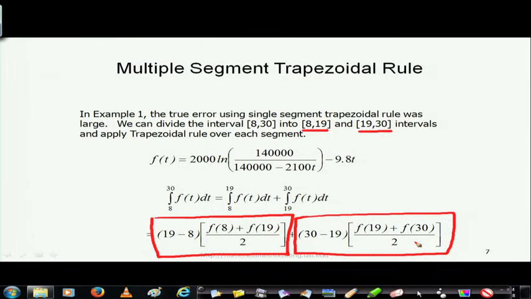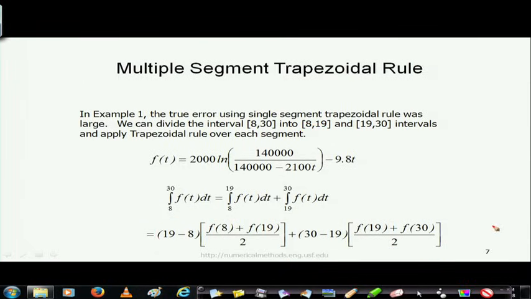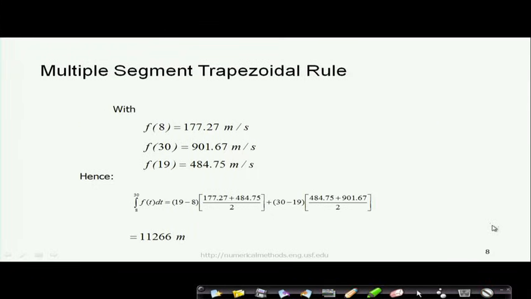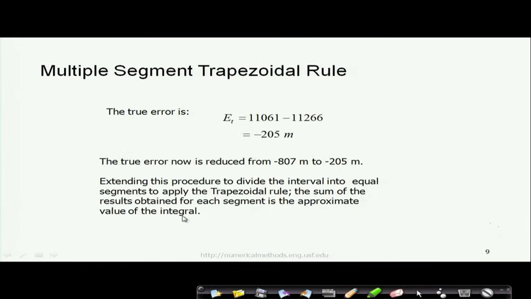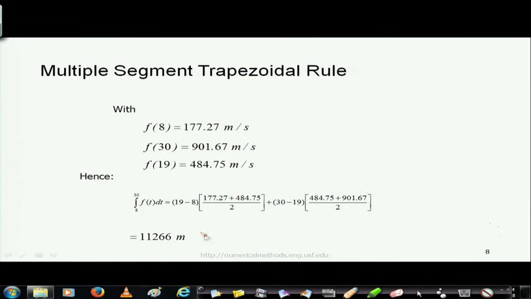So, if I do that, let us see whether the result is being bettered. I compute f(8), f(30) and f(19), and compute the areas under the curve here and here, and the result is 11266 meters.